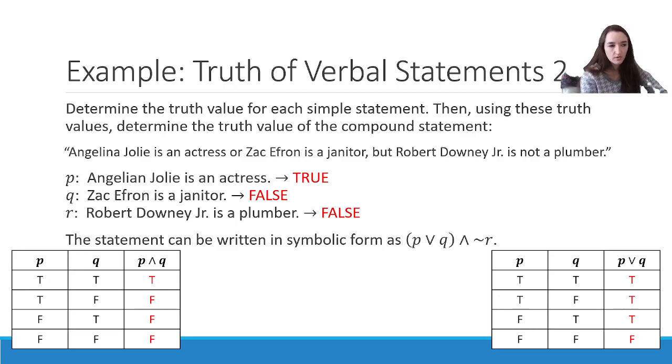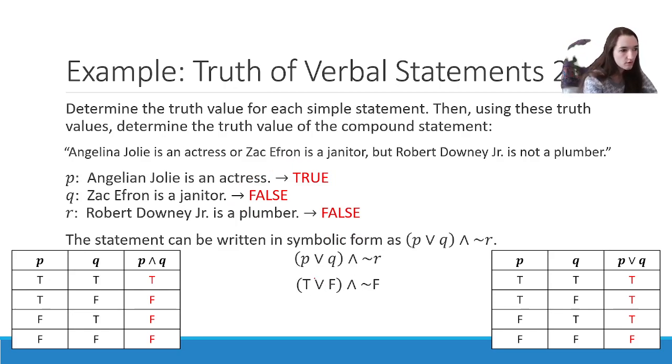Okay, so, and we also have the truth tables for our ands and our ors. So if I take this statement symbolically, and I'm just going to translate directly the trues and the falses, we get true or false and negation of false. So true or false, that's over here, true or false equals true, right? So this will be replaced with a true.